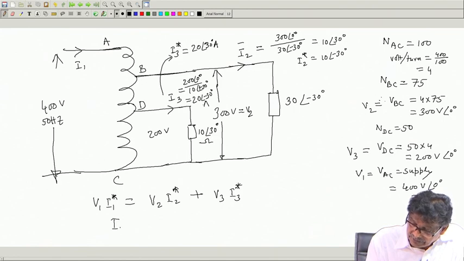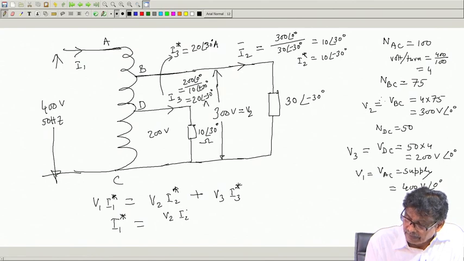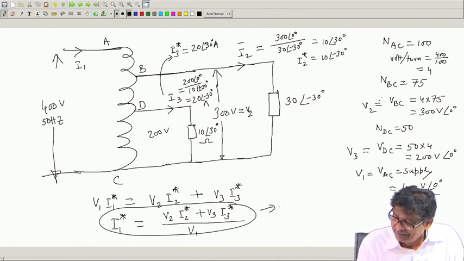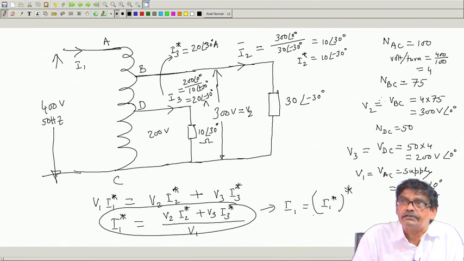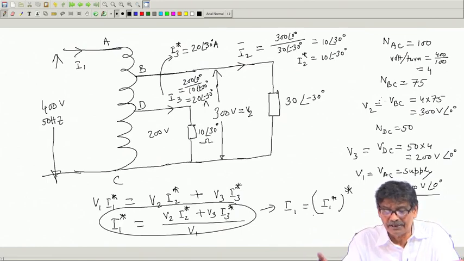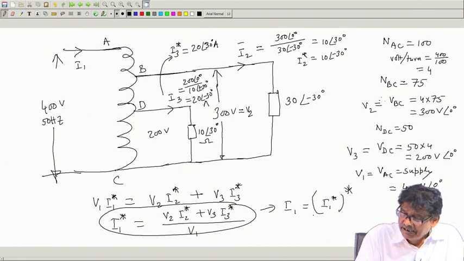Then you calculate I 1 star, which I am not going to calculate, put the values, all are phasors, plus V 3 I 3 star divided by V 1. Of course, after getting this, I 1 will be equal to I 1 star star, another complex. Do not forget to take this complex conjugate. Anyway, this is how, no matter how many tappings you have taken, what different kinds of load you have connected, very easily it can be done.